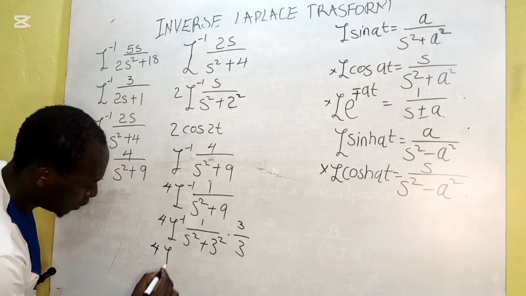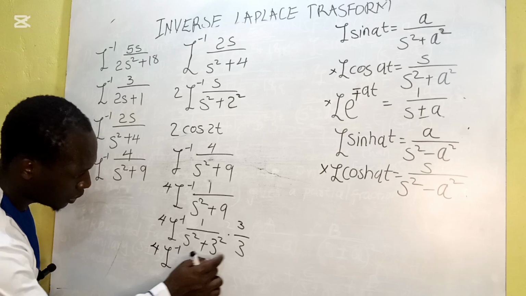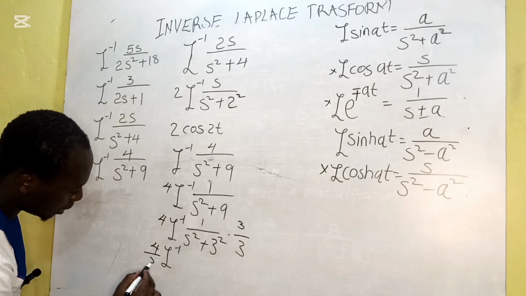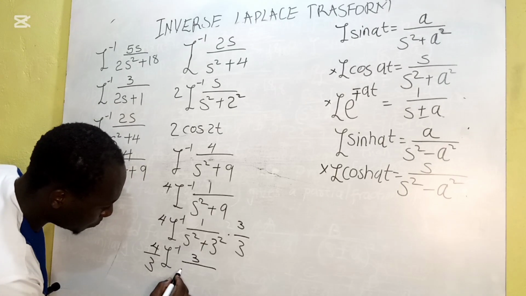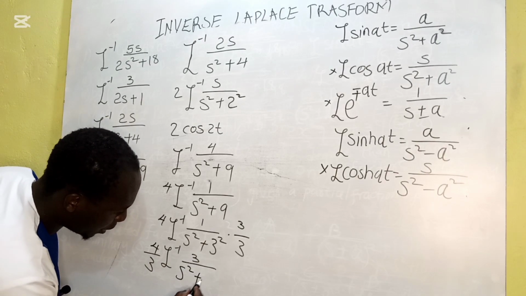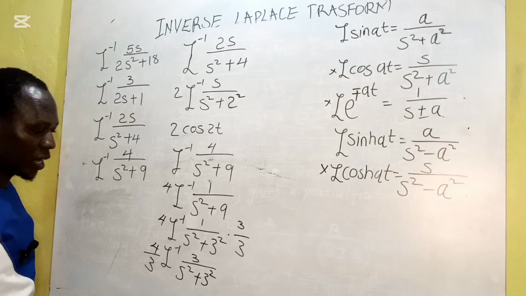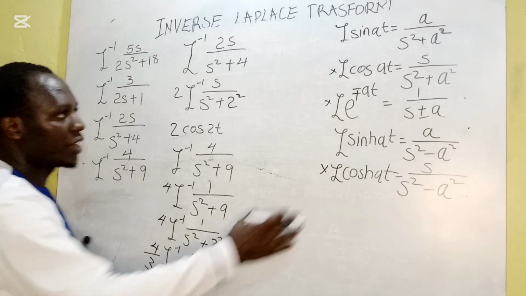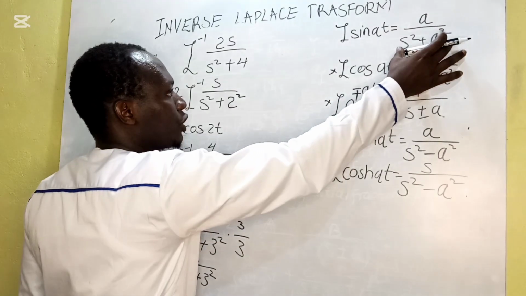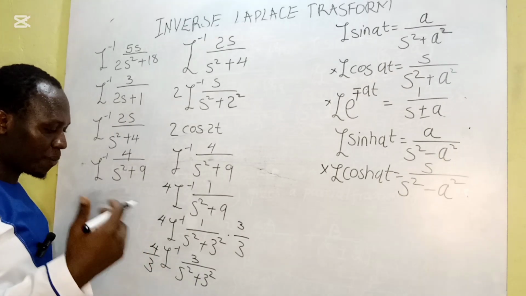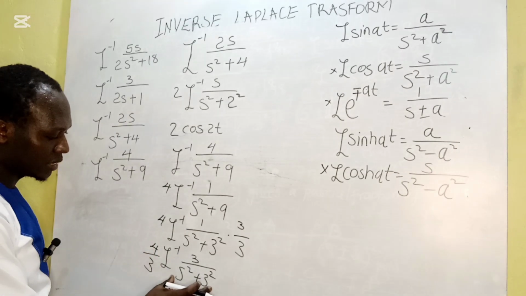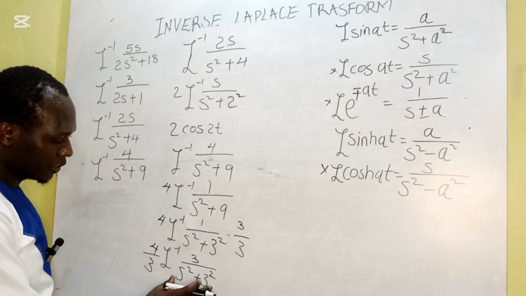4, the inverse Laplace of these, 3, we are going to factor it out. 3 all over s squared we add to 3 squared. Whatever we are having here now matches our function here. And we say that once they have matched one another, now we can get the inverse Laplace transform of this function.